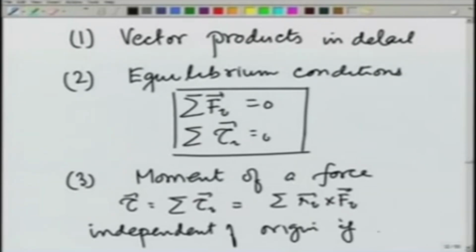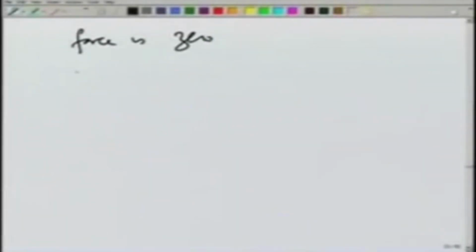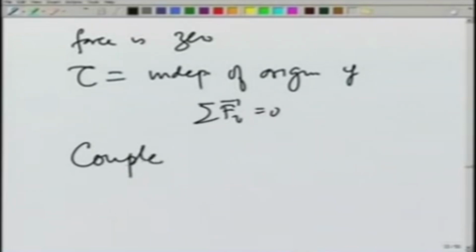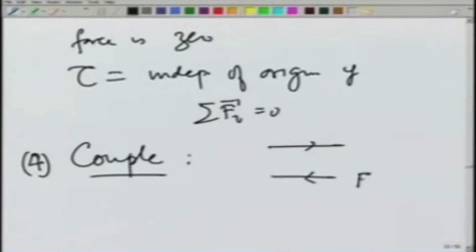if total force is 0. Let me rewrite this again. Tau is independent of origin if summation F_i is equal to 0, and then we looked at a very particular special kind of torque under these circumstances called a couple, which is two equal and opposite forces separated by a parallel distance d.